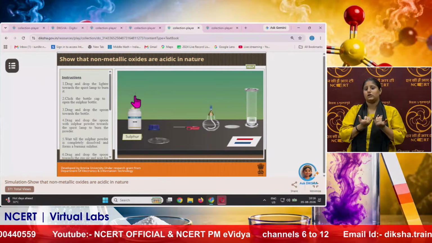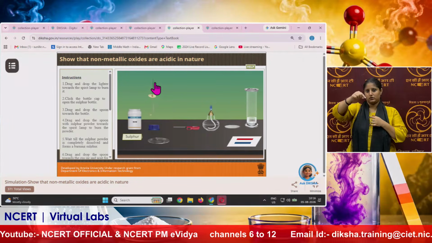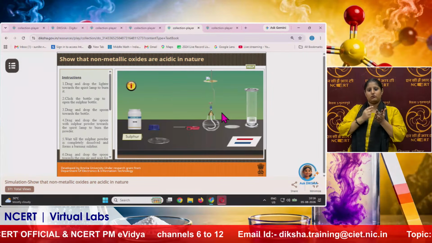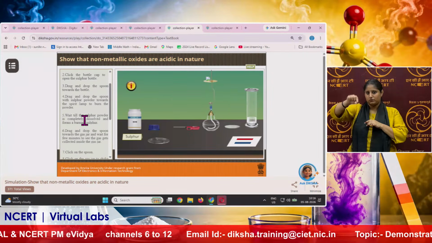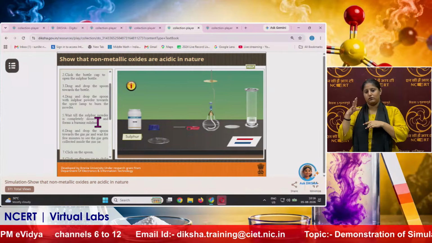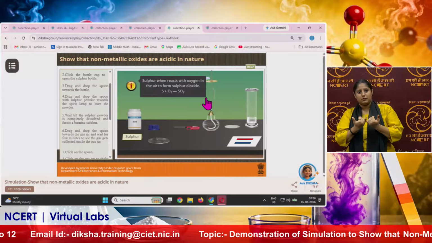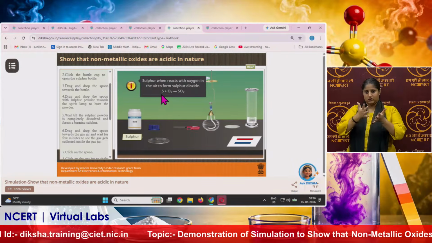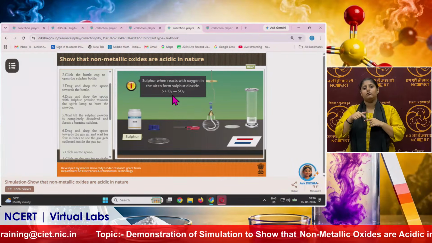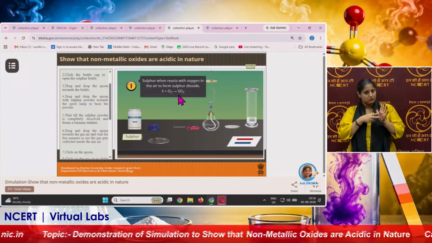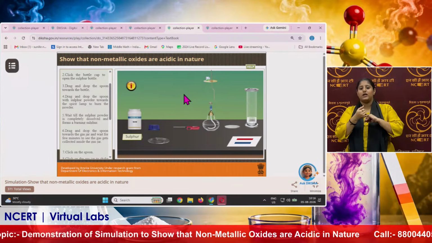Now drag and drop the spoon with sulfur powder towards the spirit lamp to burn the powder. Now wait till the sulfur powder is completely melted and forms burning sulfur. On the burning of sulfur, the reaction involved is sulfur reacting with oxygen present in the atmosphere to form sulfur dioxide, SO2.